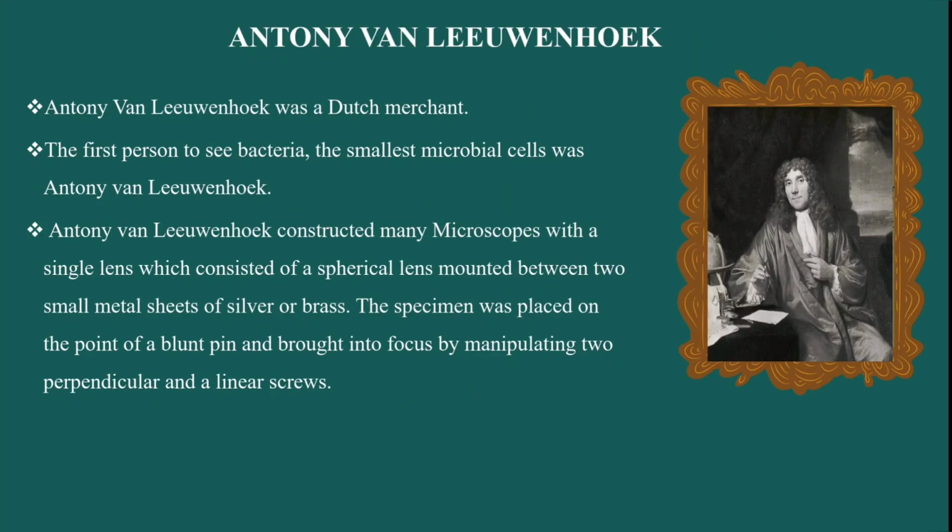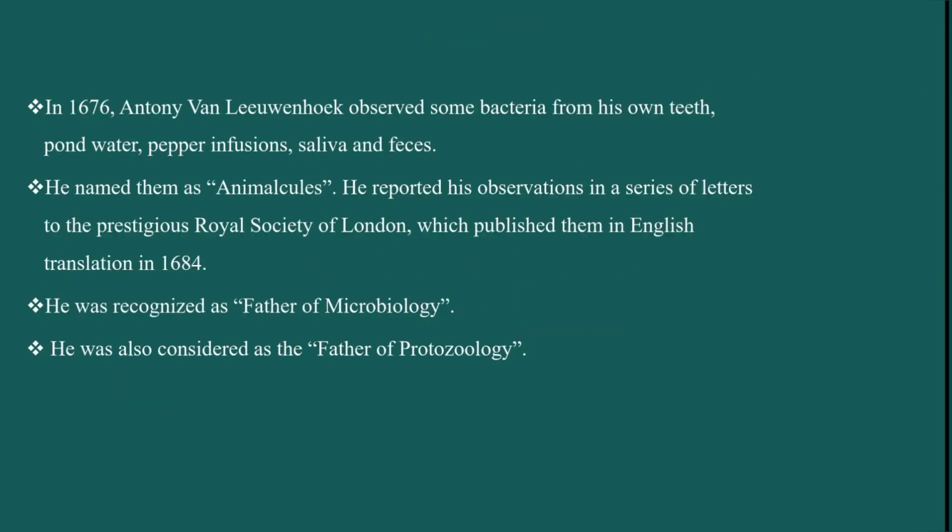Antony van Leeuwenhoek, he is a Dutch merchant. He is the first person to see bacteria, the smallest microbial cell. He also constructed many microscopes with single lenses. In 1676, Antony van Leeuwenhoek also observed bacteria from his own teeth, pond water, pepper infusion, saliva and feces.